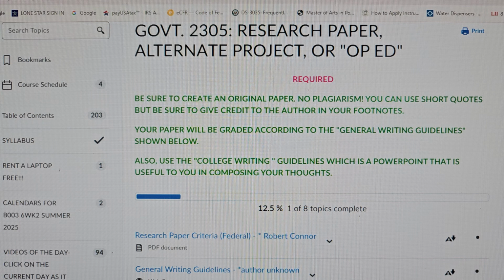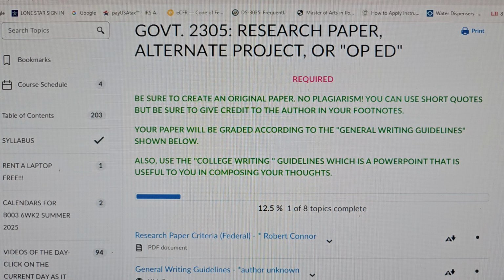Now, alternate project can be something where you go someplace. Like in my Texas class, the first part of this summer sessions, I had 3 students go out to the San Jacinto Monument and take pictures and write something about their experience. I also had students go to the Juneteenth parade, and they took pictures and wrote something about it. So that would be an alternate project.